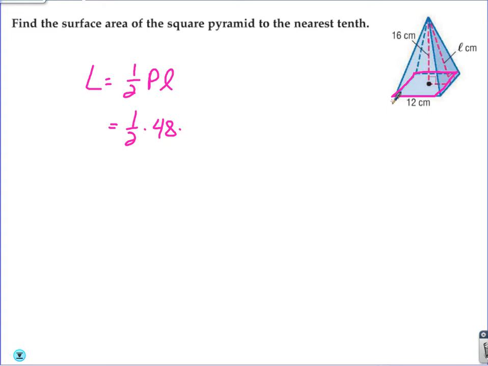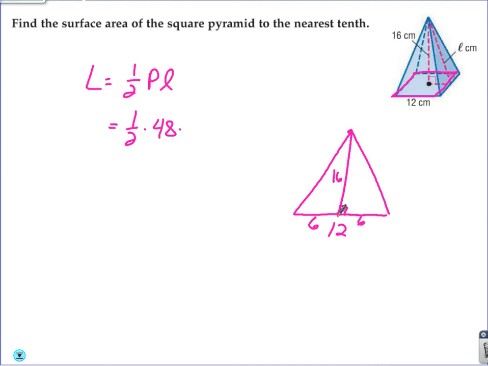They don't give you the slant height, which is exactly what we were just discussing. If it were on the bottom, you'd say 12. It sure would. Yeah. They give you this. The whole bottom is 12, which makes this 6 and 6. The actual height of the pyramid is 16.